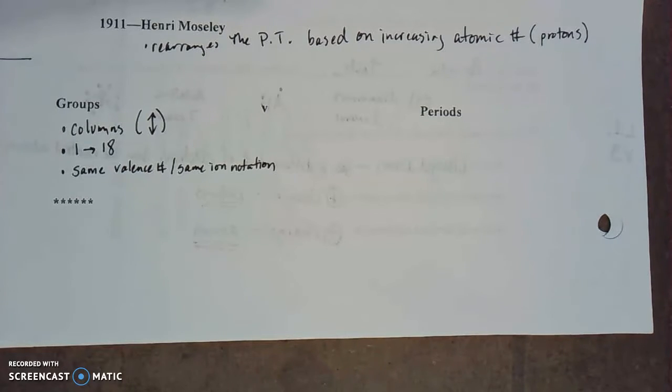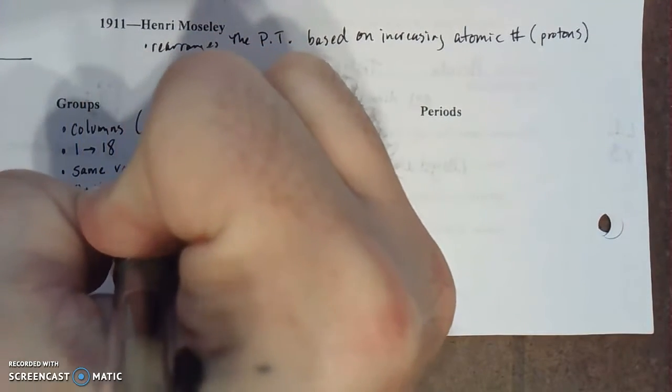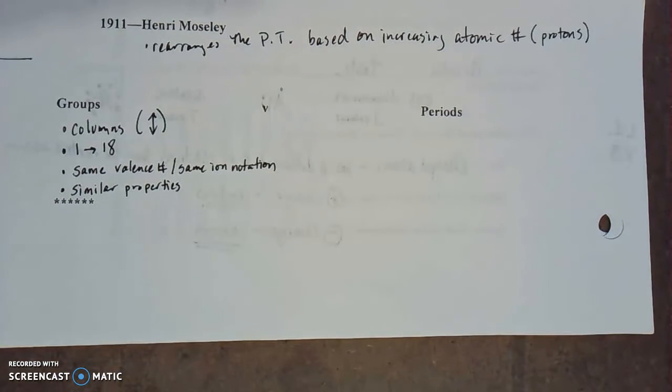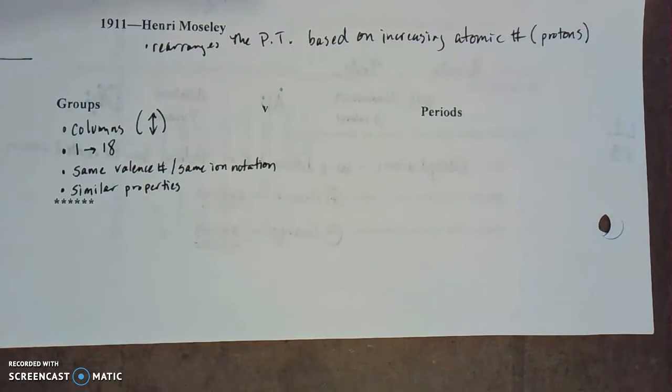So there is a repeating pattern to this. The other thing is they have similar properties. So sodium and potassium are actually very similar in how they behave because they have the same number of valence electrons.